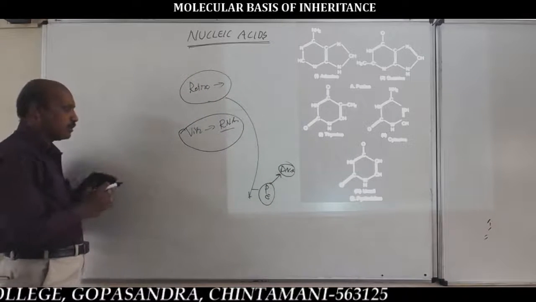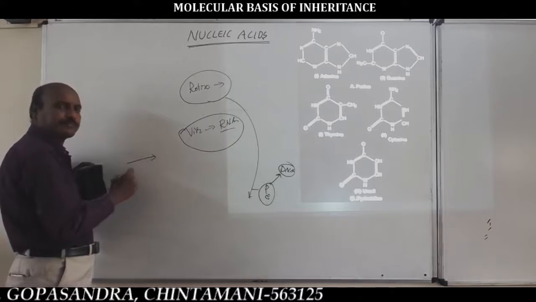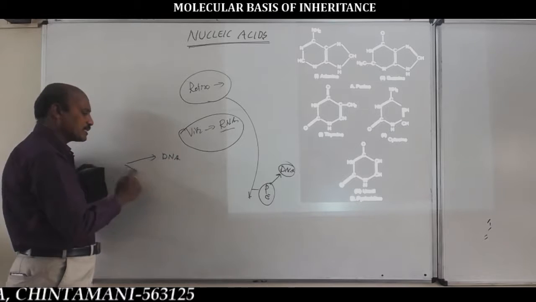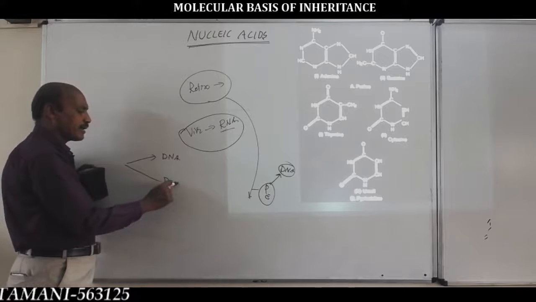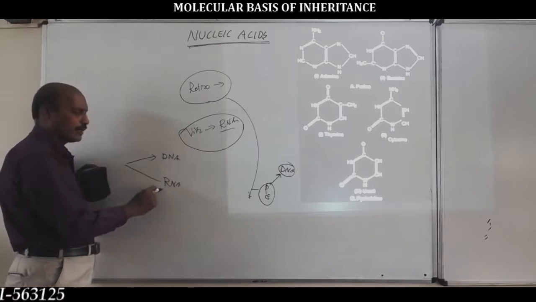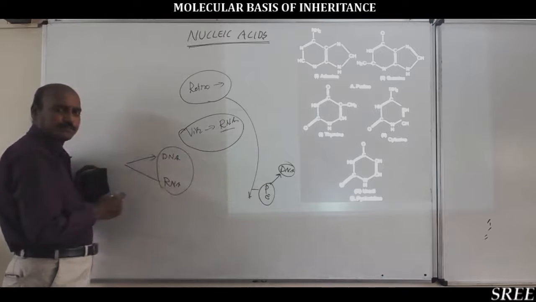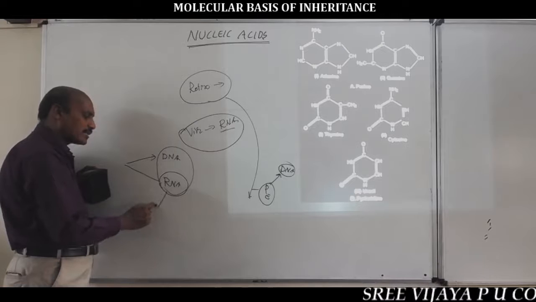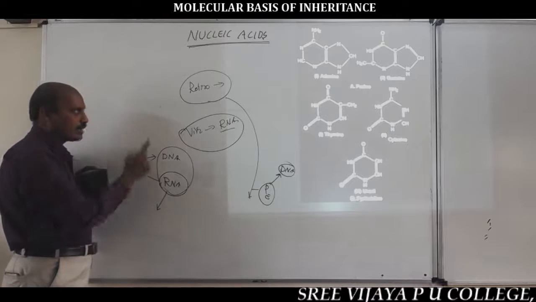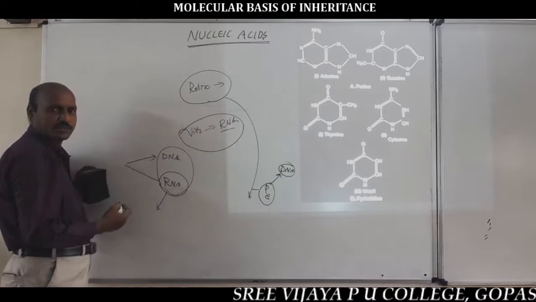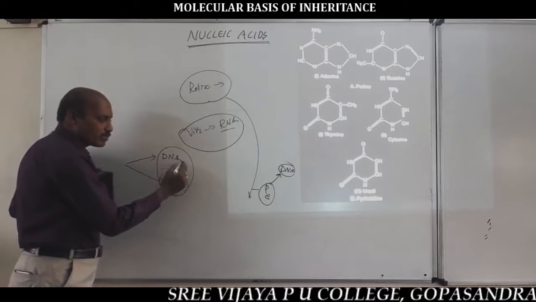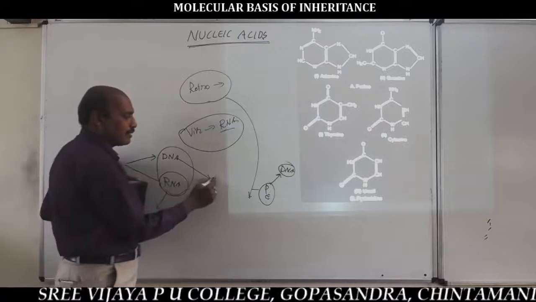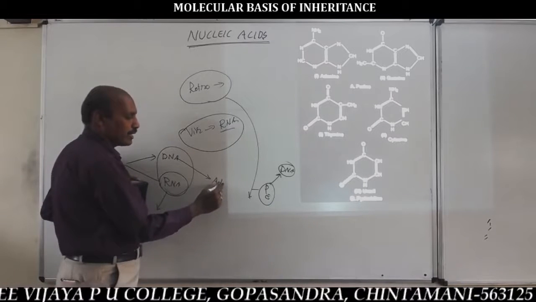Some viruses have DNA and some have RNA as the genetic material, never both. The viruses which have RNA as the genetic material are called retroviruses, while the viruses which have DNA as the genetic material are called adenoviruses.